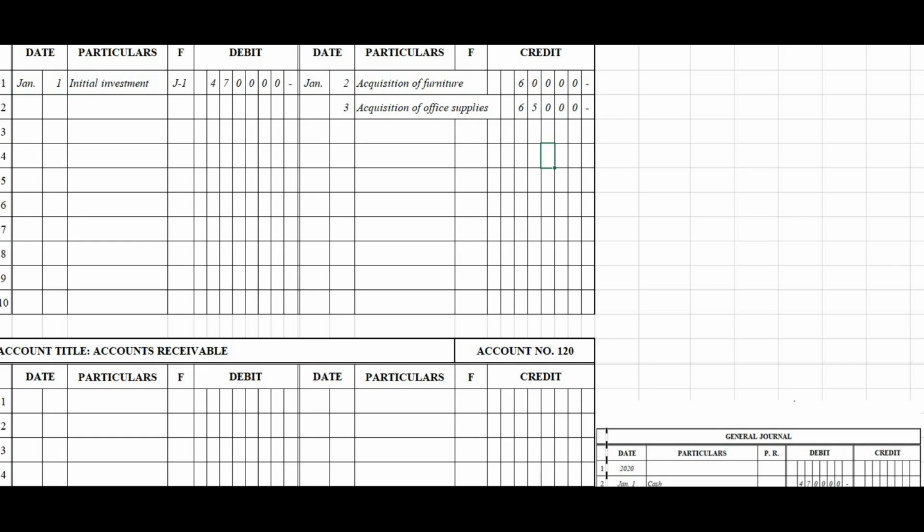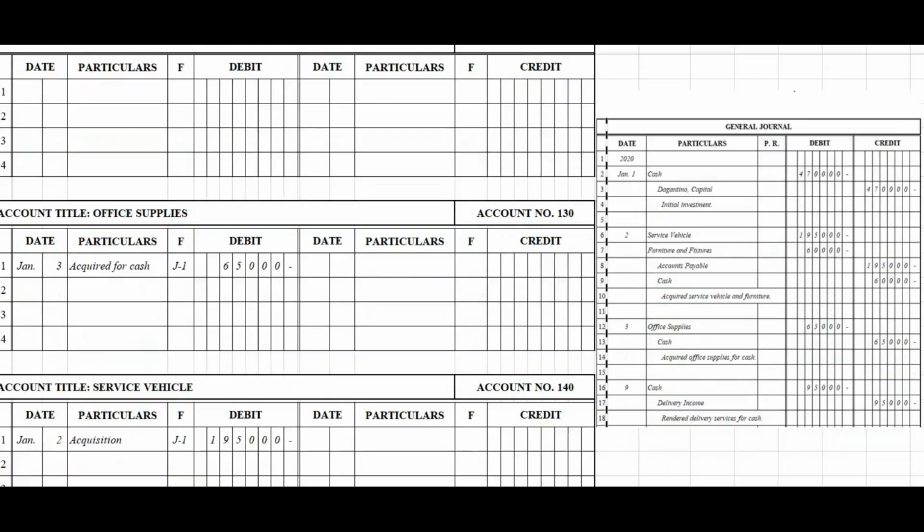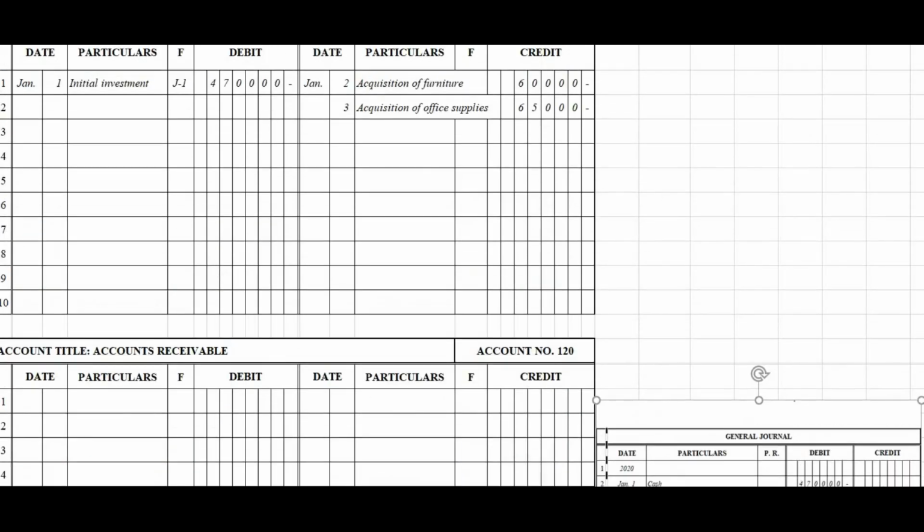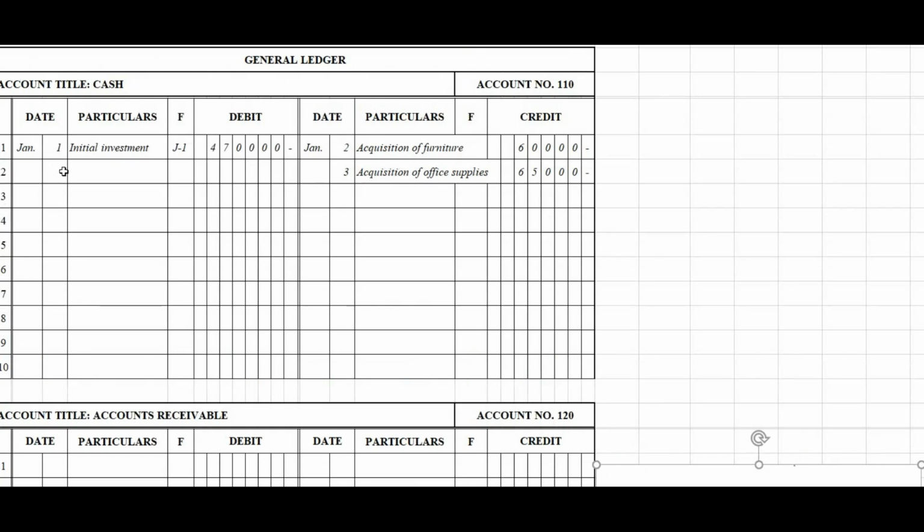So until matapos mo lahat yung mga transactions or yung mga journal entries mo. So next, we have January 9 transaction. So we have cash debit na 95,000. So that's January 9. That is delivery income. So again, assuming na page 1, they have 95,000.